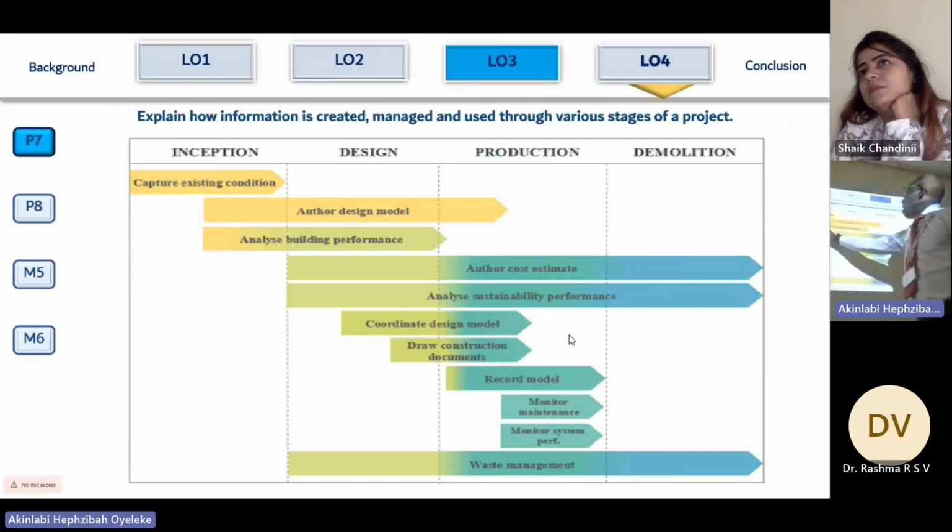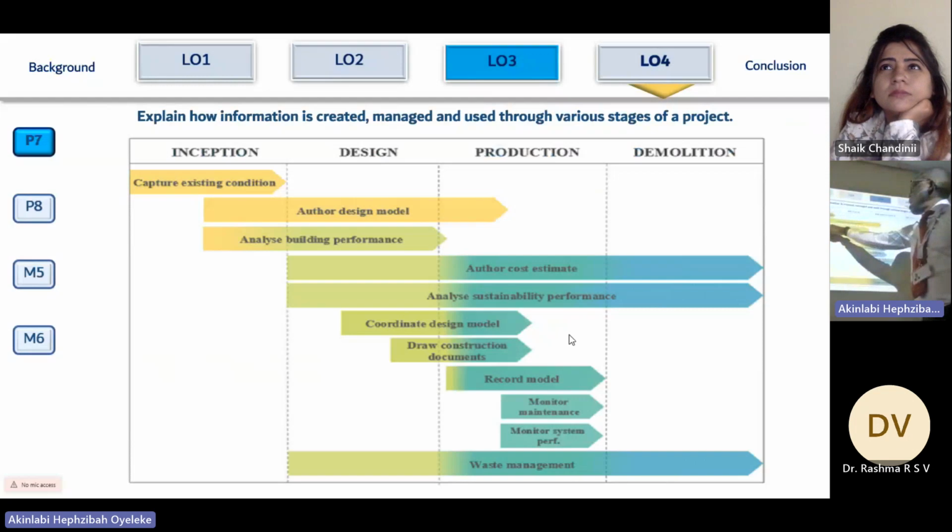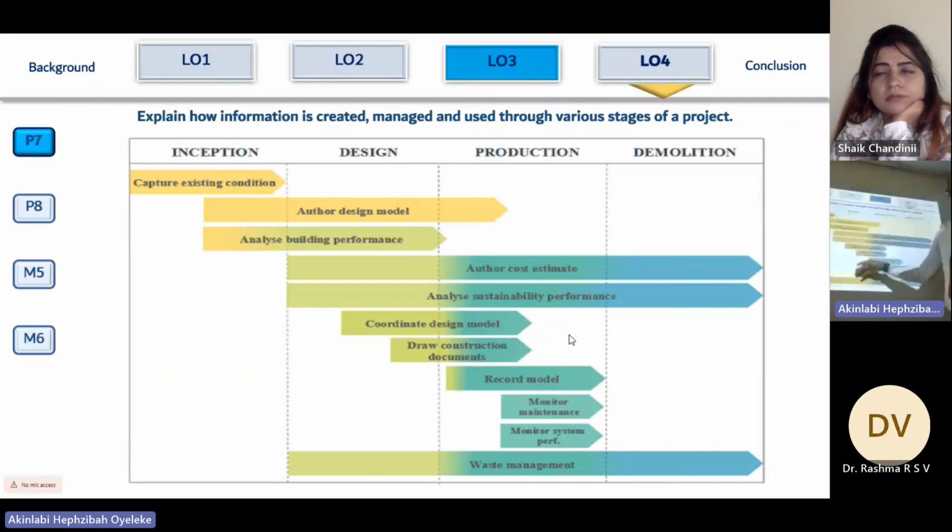Some design activity and analysis can begin. You can begin to design the concept. You can begin to analyze the building performance based on the concept while some of the information is being gathered. That is one of the advantages of using BIM because some of these activities can go on simultaneously.